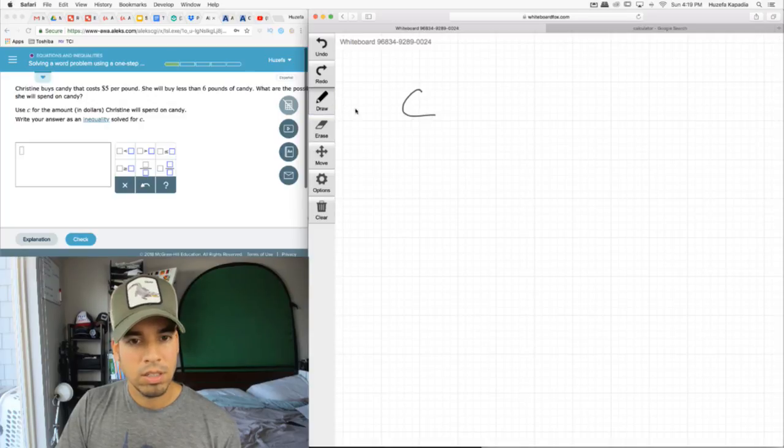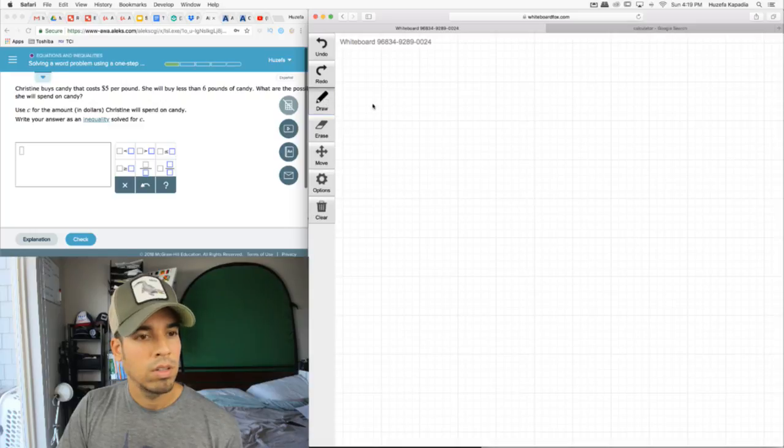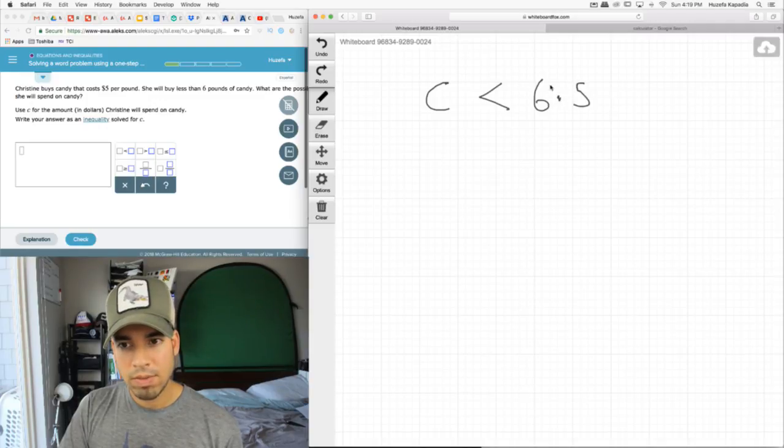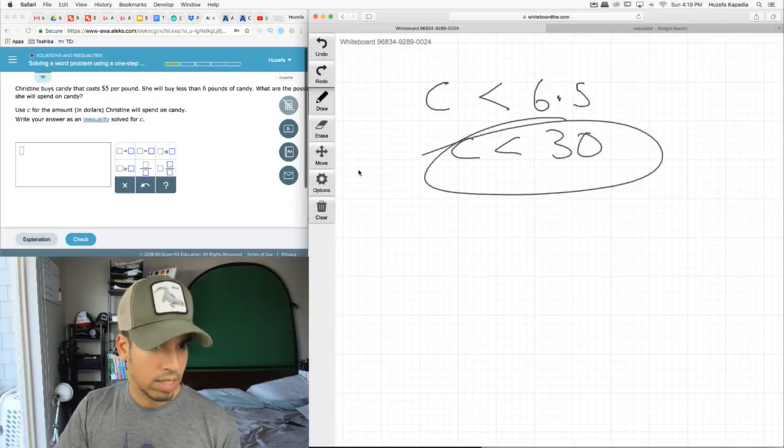Okay, so C is the amount of dollars. C will be less than, she's going to buy less than 6 pounds. 6 pounds times $5, right? $5 per pound. Therefore, C will be less than $30. She's going to spend less than 30 bucks, and that's it.